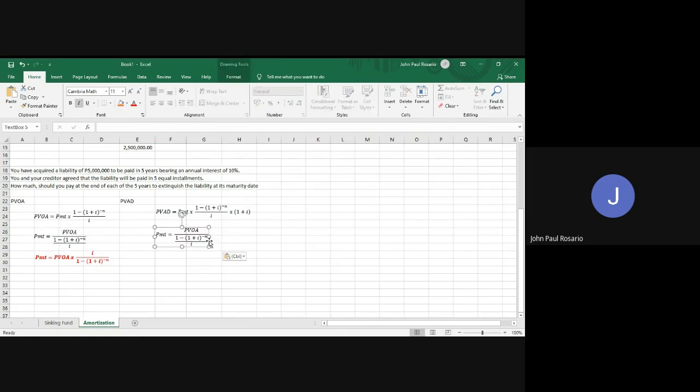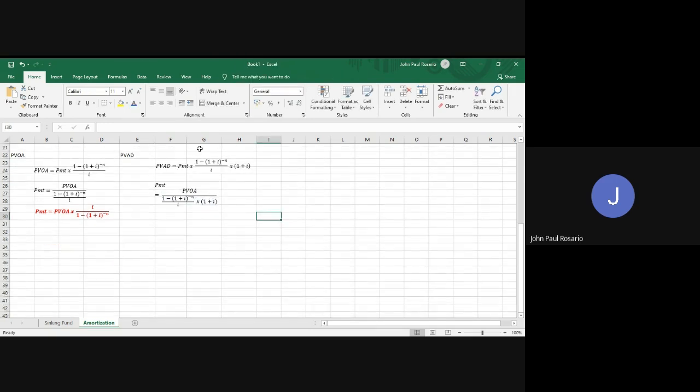So on this part, just simply add 1 plus I on the lower part of the formula, and it now becomes annuity due. In this case, this can also be expressed like this.